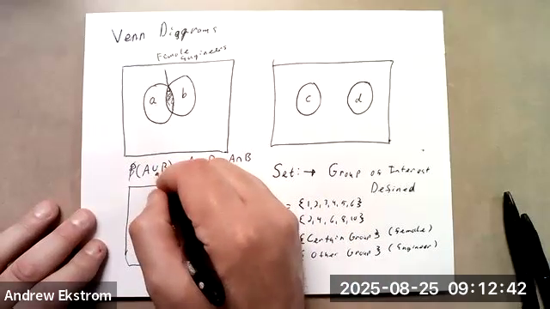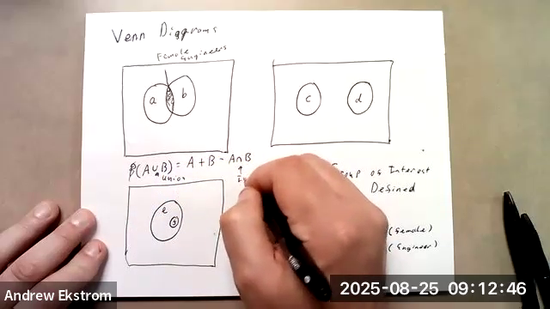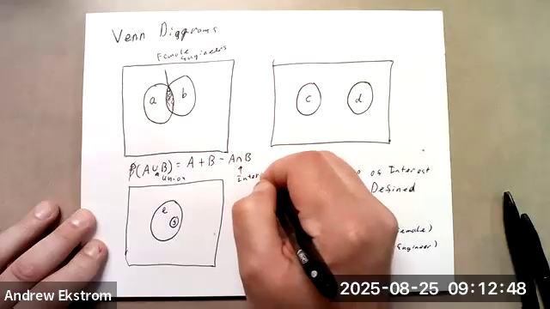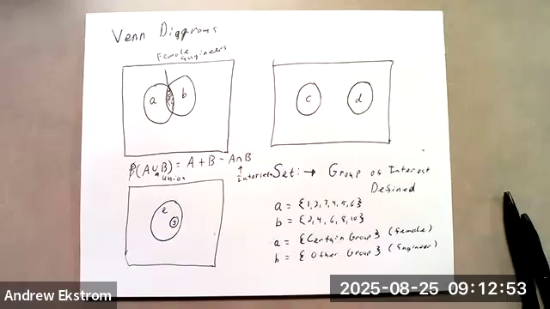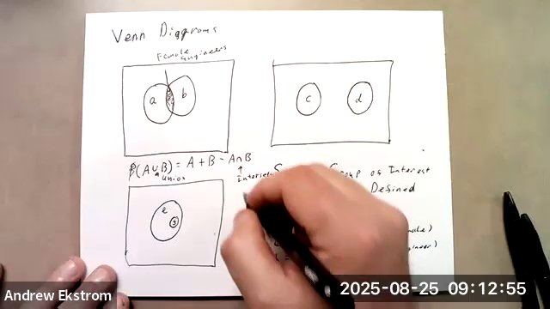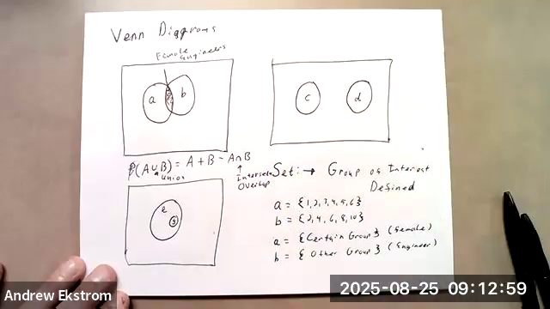With the intersect, this is basically that overlap we're talking about.